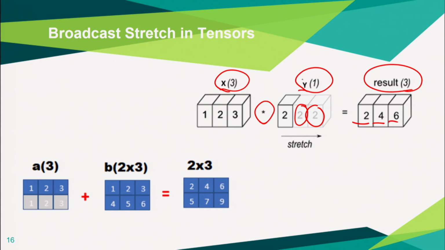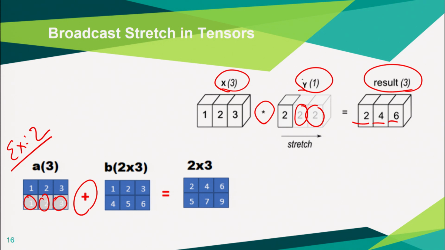Similarly, take the second example. Here A has 3 elements, B is 2 by 3. Whether you can perform the addition is the question. See here, A is virtually replicated, as it is a one vector: 1 2 3 has been replicated again. Here we are using the word stretch.